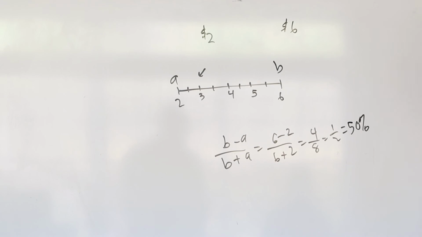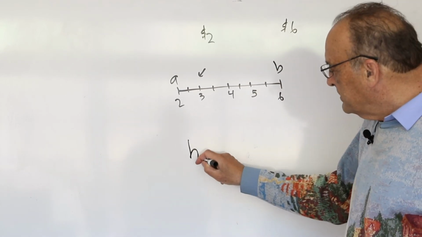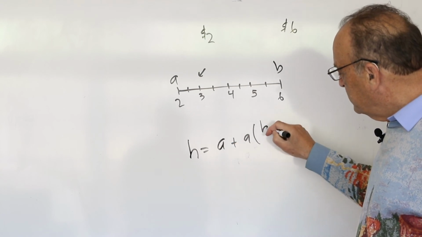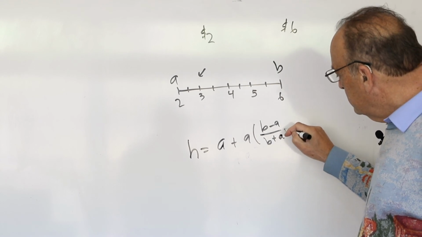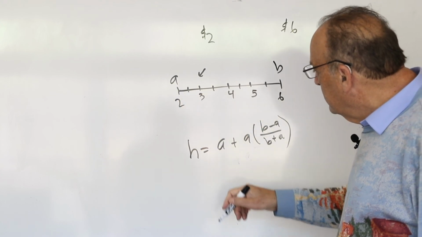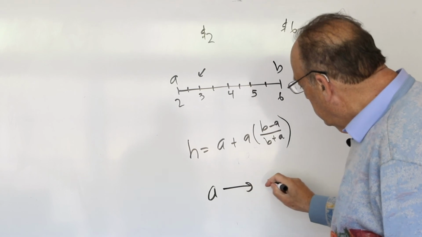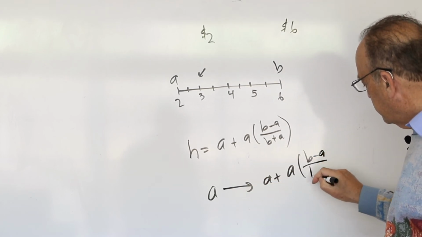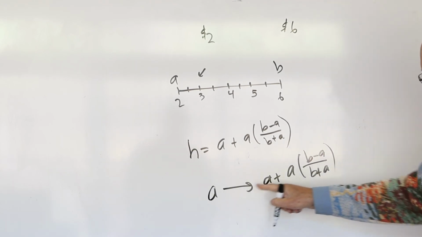So how do we prove this easily? We found this result: H equals A plus A times B minus A over B plus A. So if this is A, and we go to here, we're going from A to A plus A times B minus A over B plus A. So what is the change when we go from this to this?